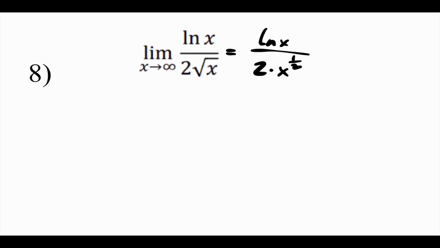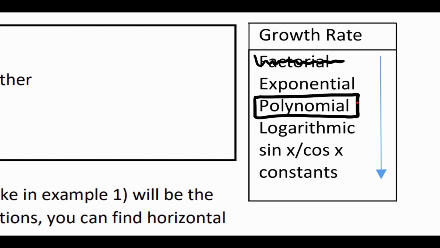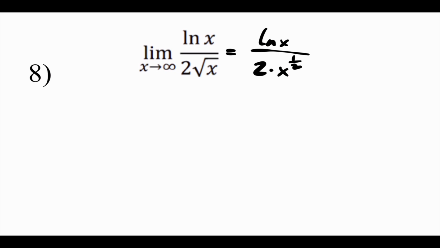Okay? So we have a log on top and a polynomial on bottom. The polynomial is going to grow a little bit faster. So that means it's going to be bottom heavy.